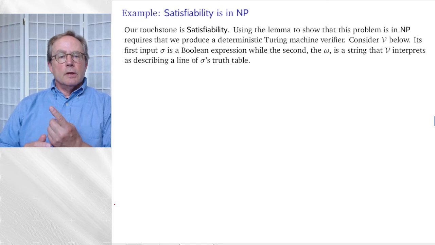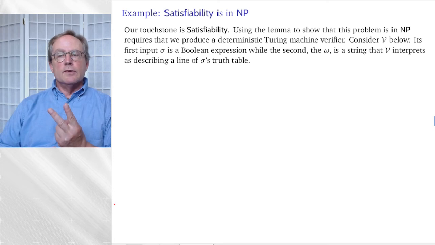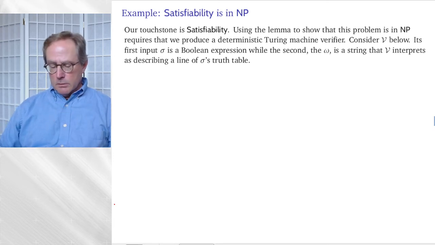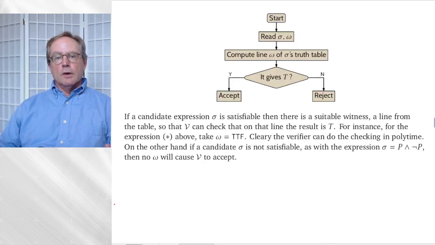Sigma is the Boolean expression you want to know, is it satisfiable? Omega is the demon's hint. So here's a flowchart. You see the two inputs.